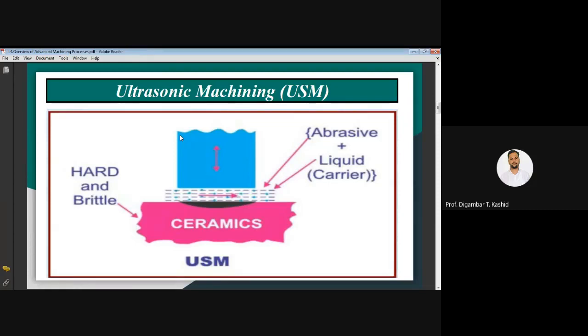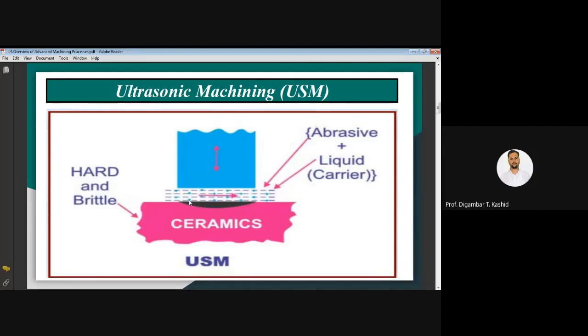Between the tool and your workpiece there is one medium, the abrasive slurry, which consists of liquid plus some abrasive particles. In this figure I have shown it.